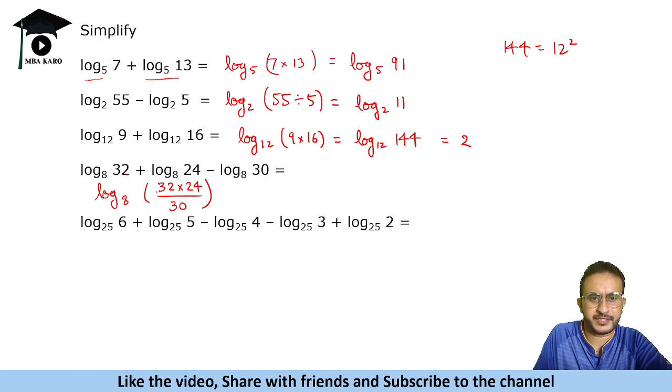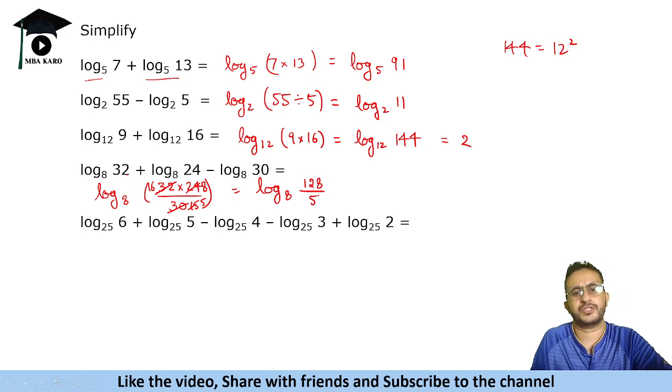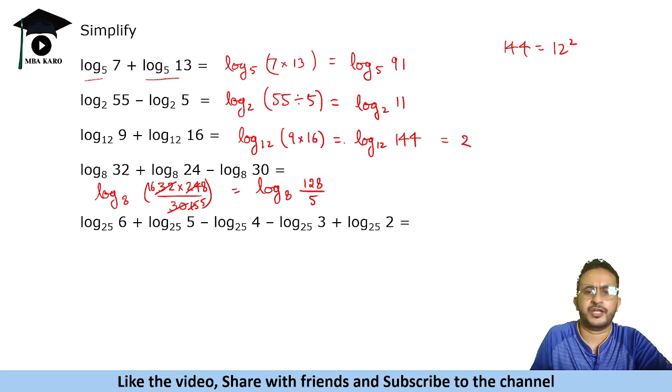If we multiply and divide, this will be 16 by 15, and further we can divide by 3, that is 8 and 5. So it becomes log 8 of 128 by 5. This is how we simplify this. Now this can further be written as log 8 128 minus log 8 5.